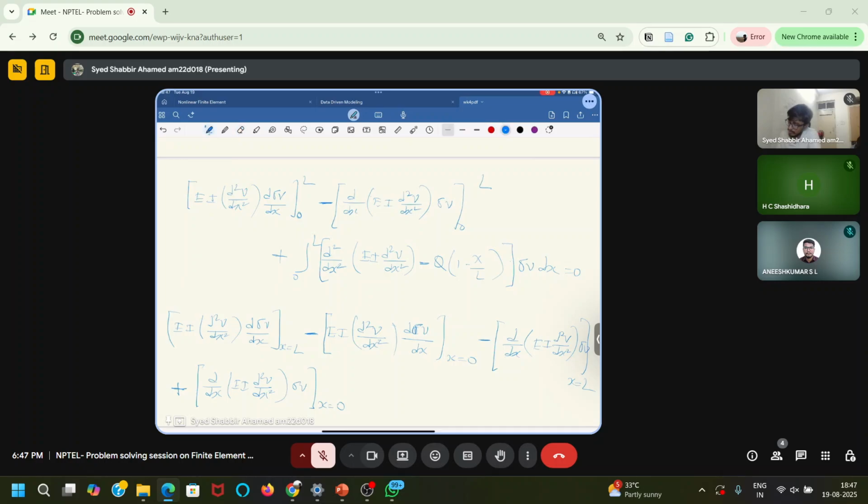And we have this term. I'll just write this as g for simplicity: the integral from 0 to L of g δv dx equals 0.